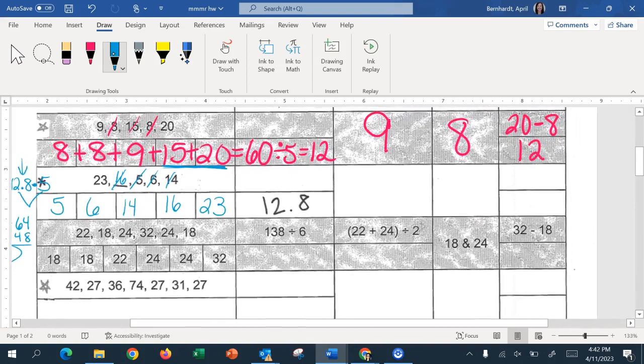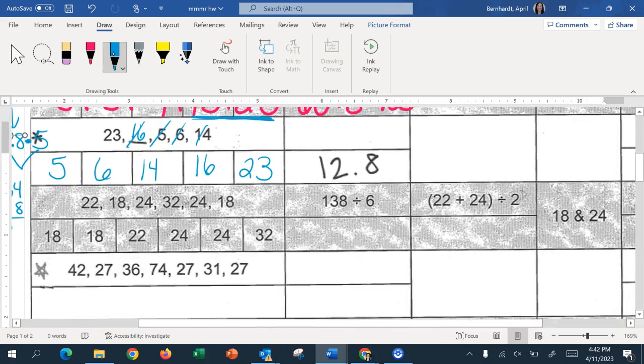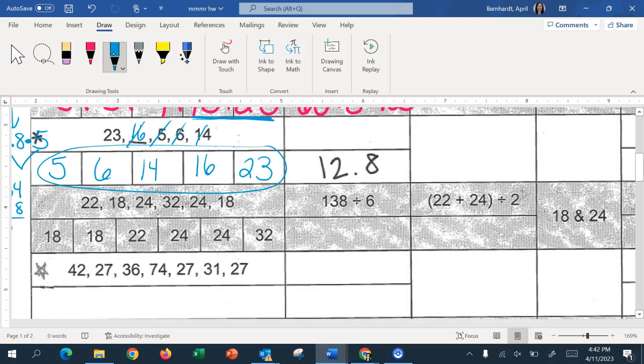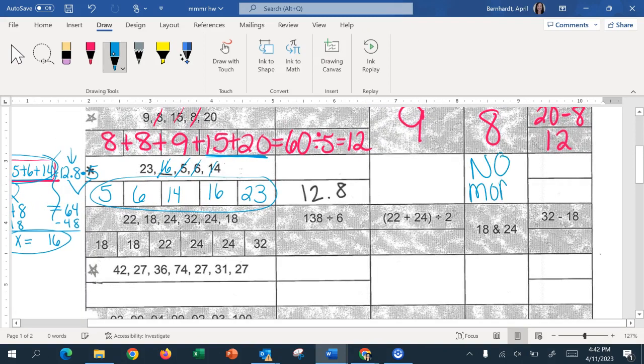So now all that's left is median, mode, and range. I like to find mode first. If we look at this data set, are there any numbers that occur more frequently than any of the others? No, they all occur one time. So that means there is no mode.